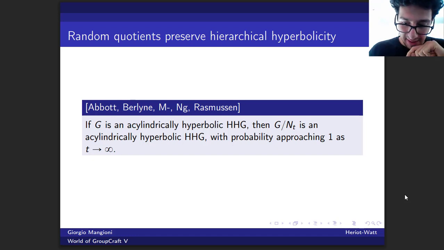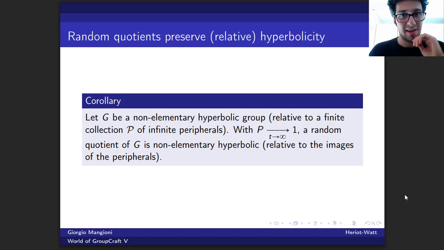And actually our result recovers, or let's say improves, some folklore results which were never actually written, which just talk about relative hyperbolicity.